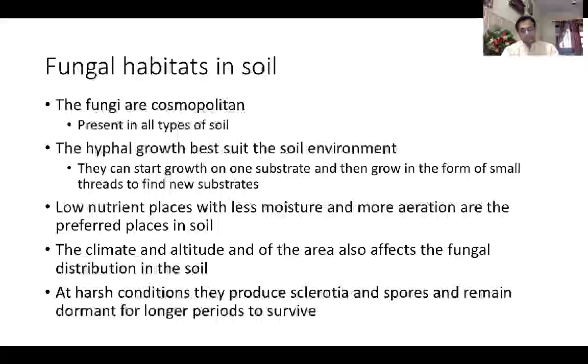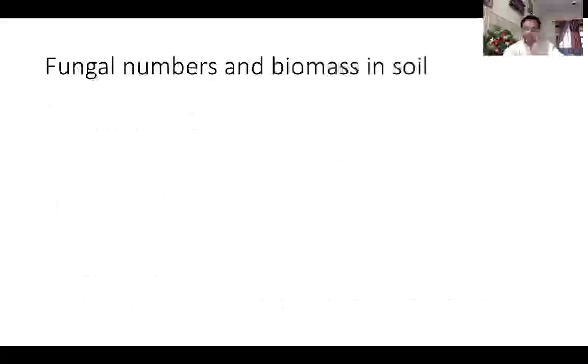Similarly, the harsh conditions promote the fungi to produce some kinds of survival structures. The survival structures are mostly spores. However, there are some fungi which produce dormant structures like sclerotia. These dormant structures help fungi to survive for a longer period of time in unfavorable conditions.